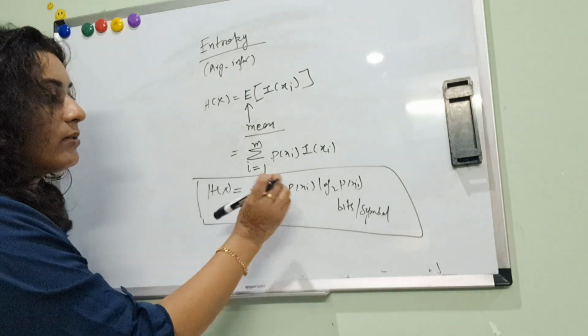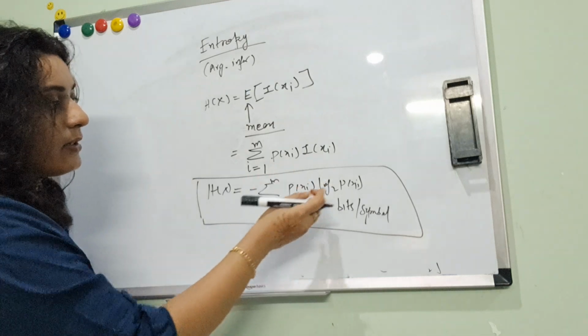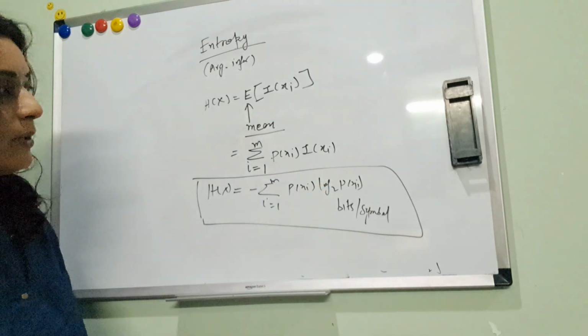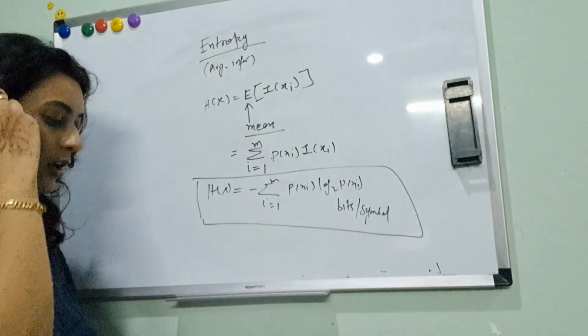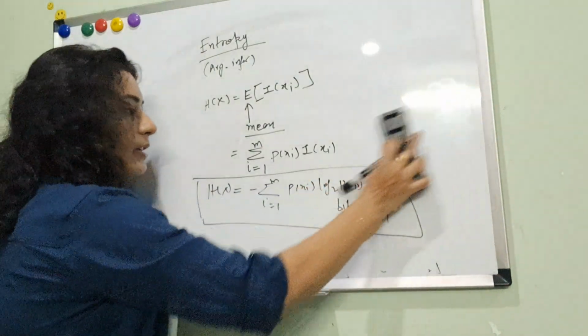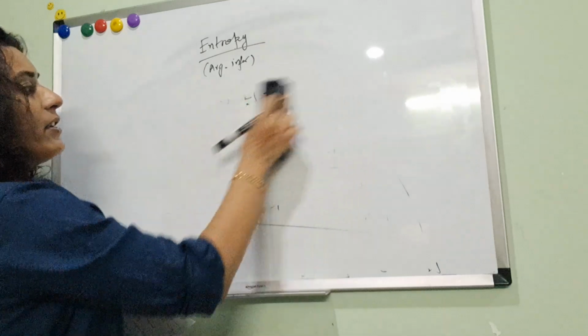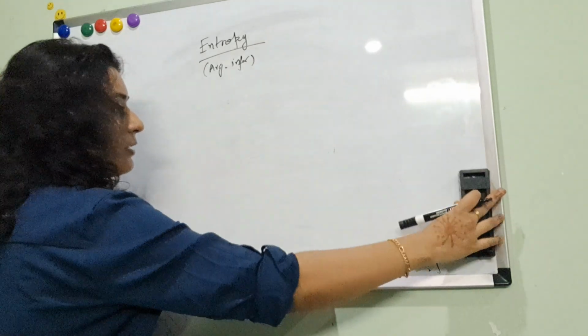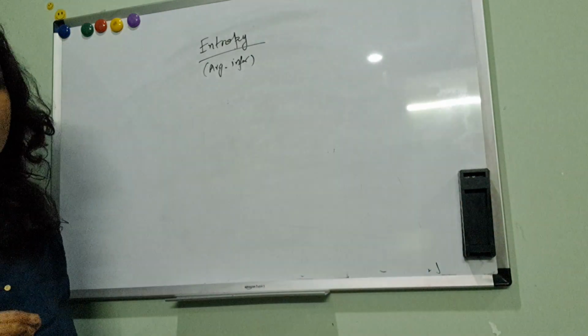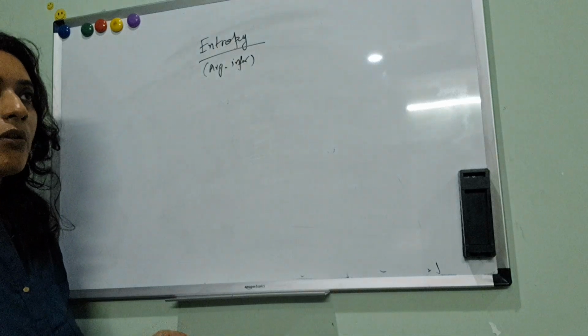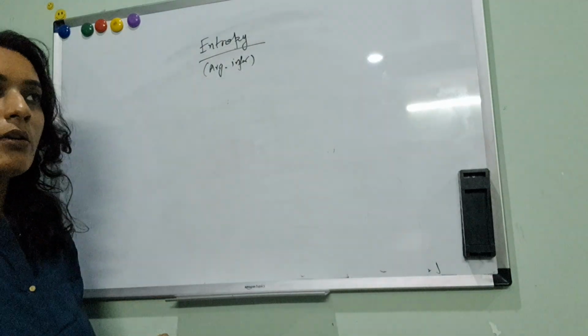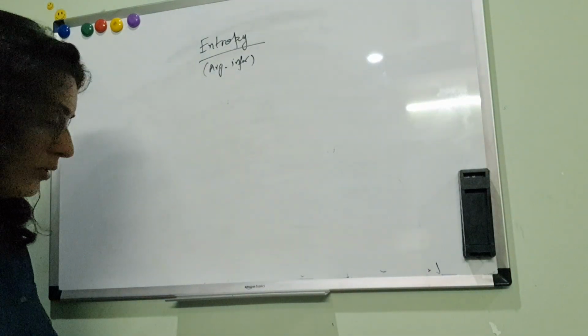I have just written the expression of information content. Now it will be more clear with an example. Any definition can be clear with some kind of example. So we should always focus on the examples also.